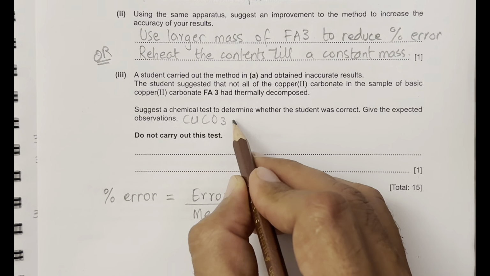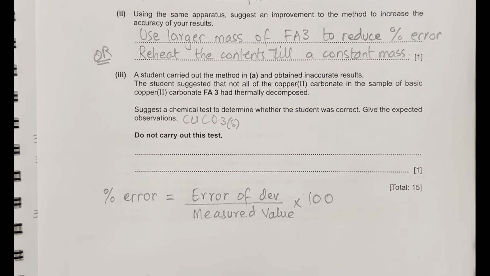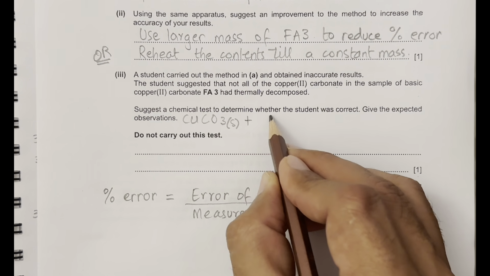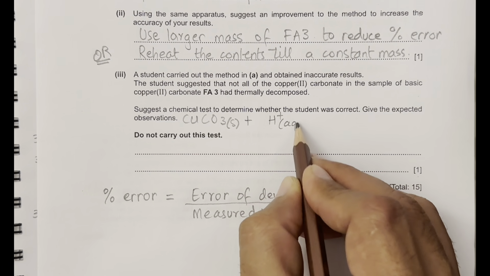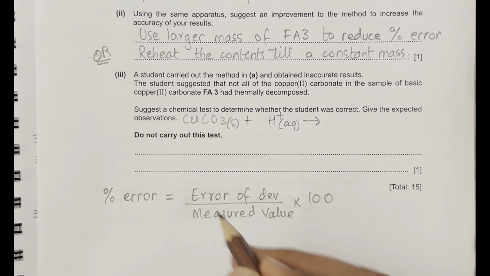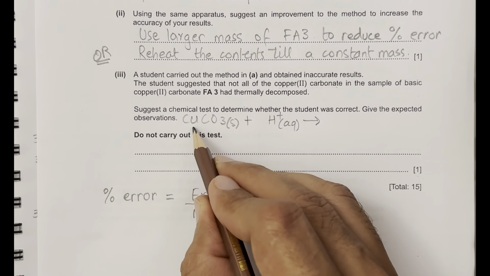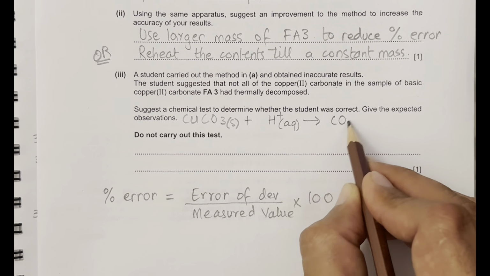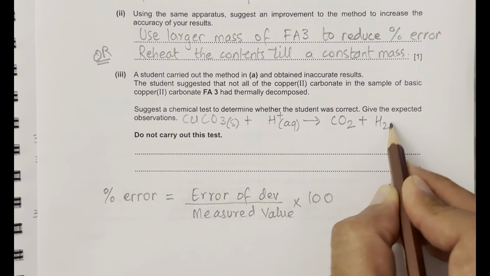If copper(II) carbonate, or any carbonate, is present in a compound, what you can do is add any acid: HCl, HNO3, H2SO4, whatever. Any acid reacts with a metal carbonate and gives off carbon dioxide and water.